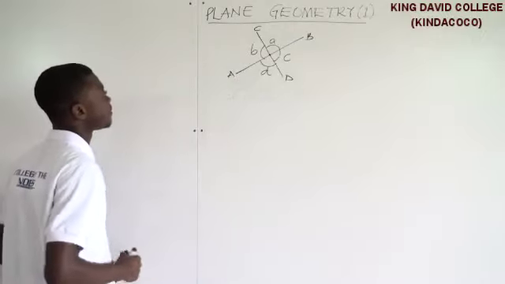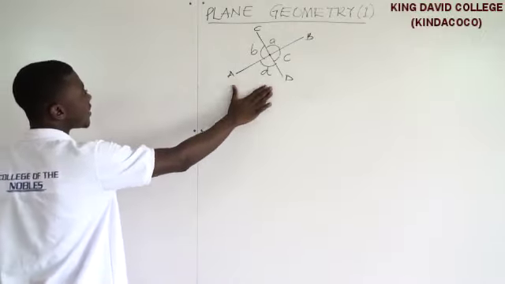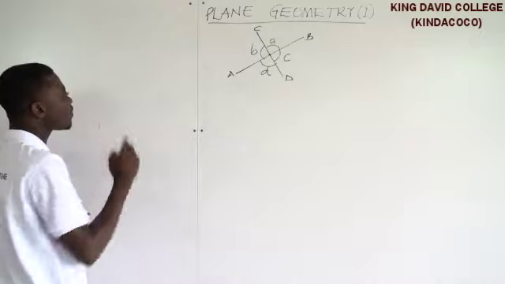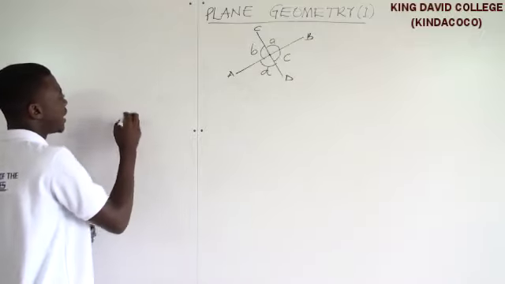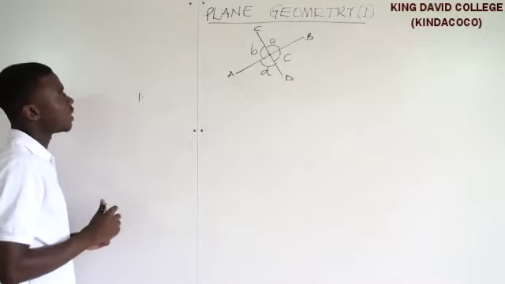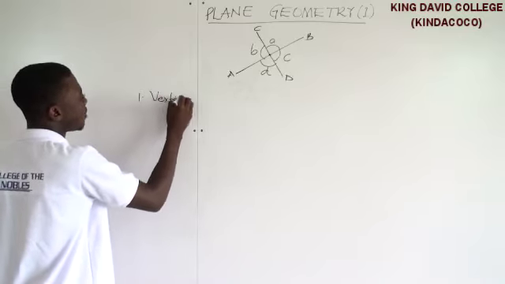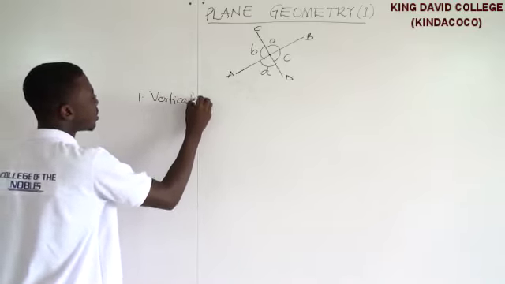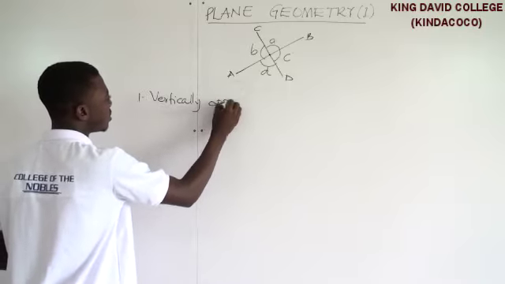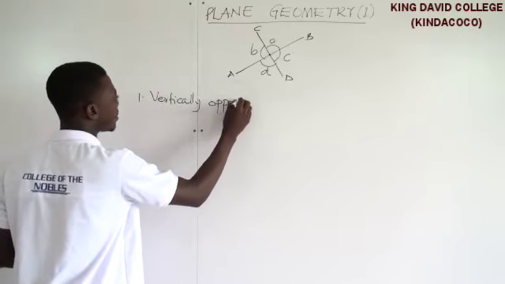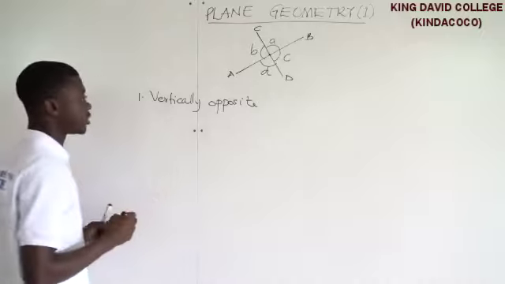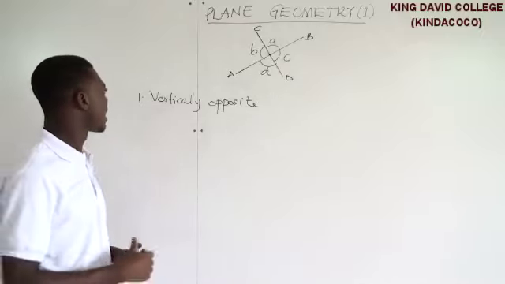Now look at this. With the very first one, we have one relationship we call the vertically opposite relationship.